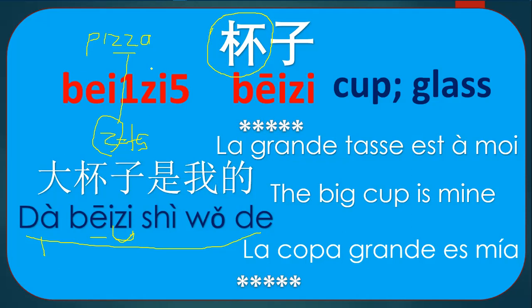杯子 Yes. Okay. And again, a falling one. 是 是 我的. 我的 So what does 我的 mean? I... Mine, right?